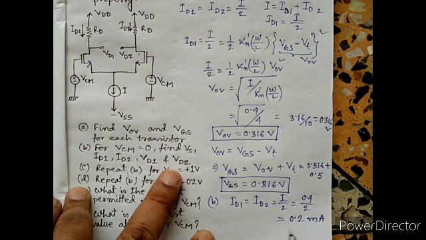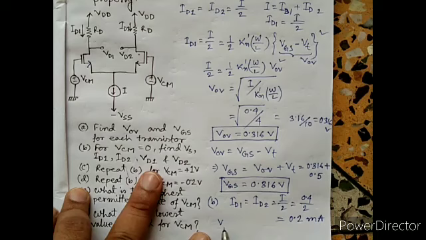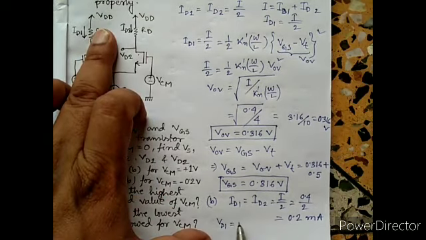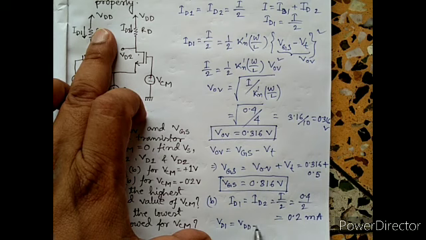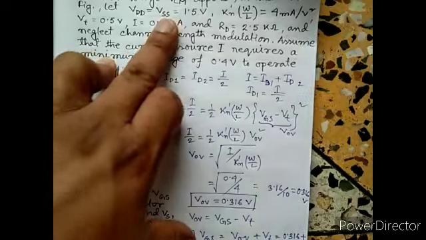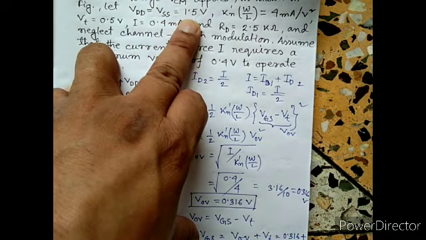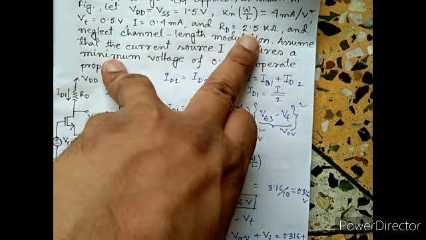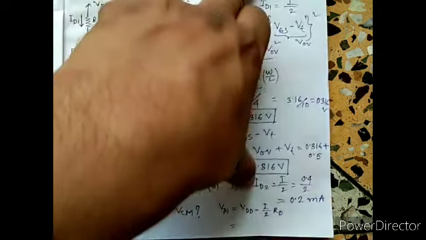What about VD1 and VD2? VD1 equals VDD minus I by 2 into RD. VDD value is 1.5 volt, RD value is given as 2.5 kilo ohm.